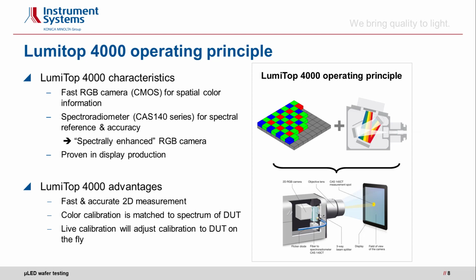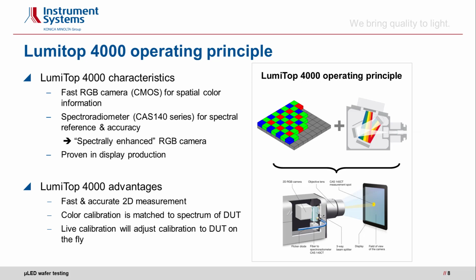This way, we have a spectrally enhanced RGB camera, and this has been proven in display production many times already. We have thousands of systems installed in high-end display production, and it seems quite natural to transfer this to wafer probing.